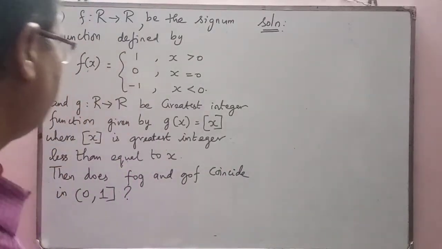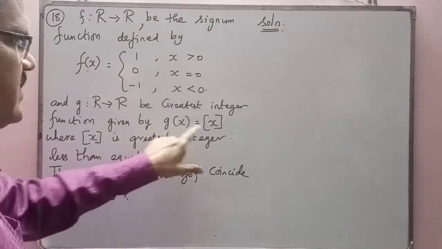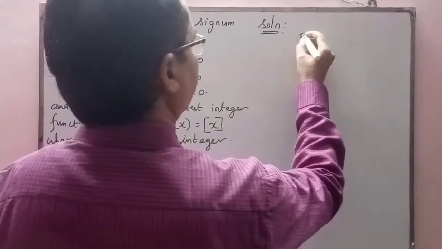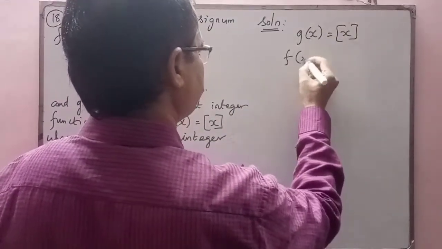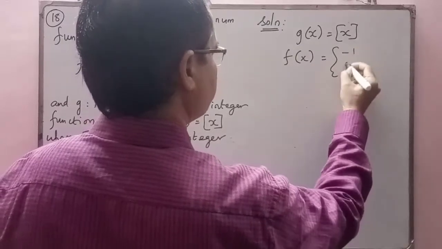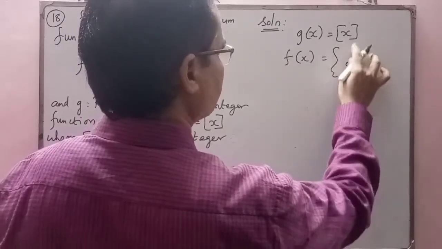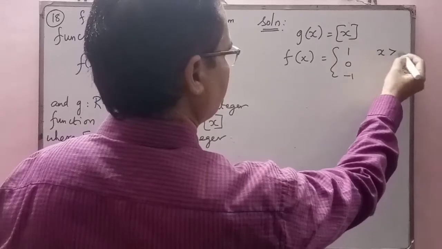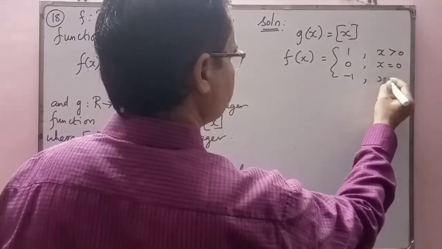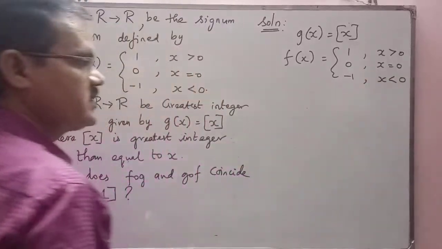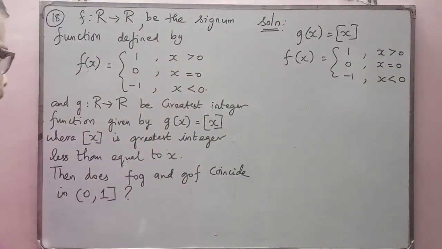We have two functions, f of x, the signum function, and g of x. The f of x values are 1, 0 and -1, where x greater than 0, x equal to 0 and x less than 0. Okay children, now let us start.